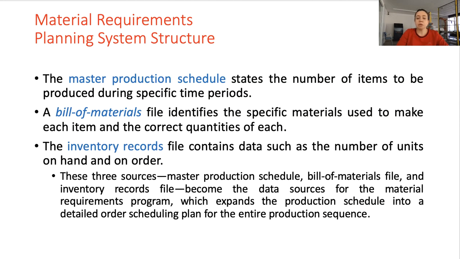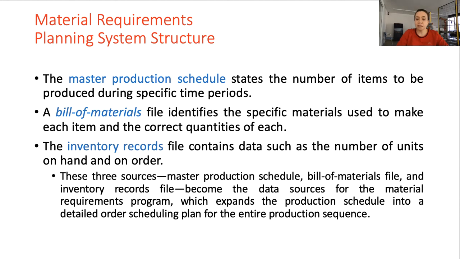And now I will talk about MRP system structure. There are 3 main inputs for MRP system structure. The first input is MPS, that states the number of items to be produced during specific time periods. The second input is the bill of materials, which identifies the specific materials used to make each item and the correct quantities of each.